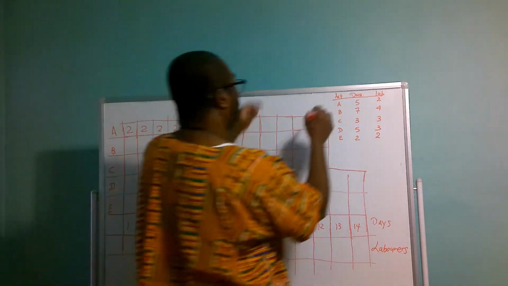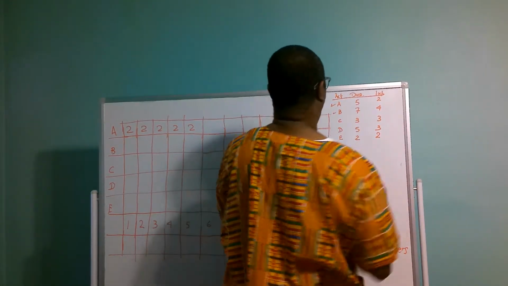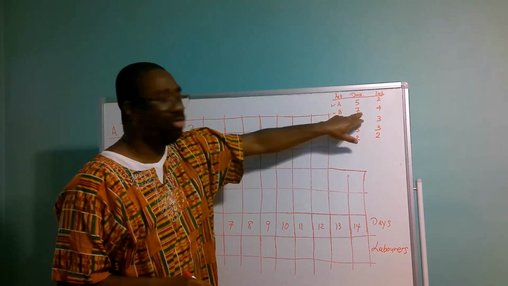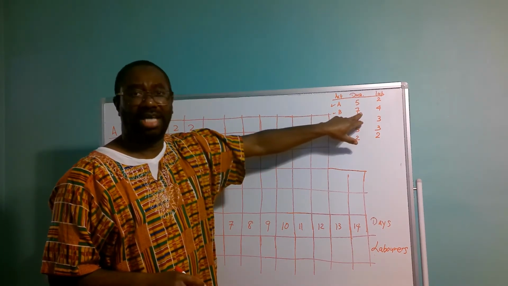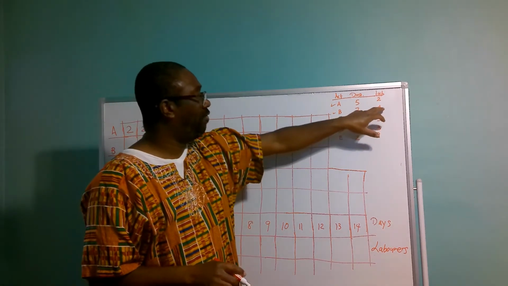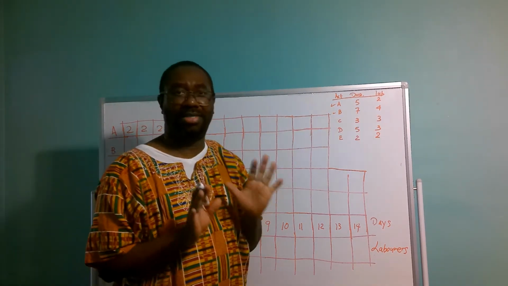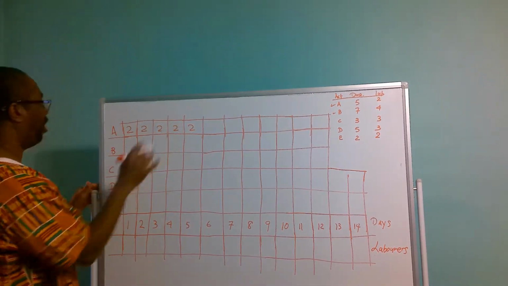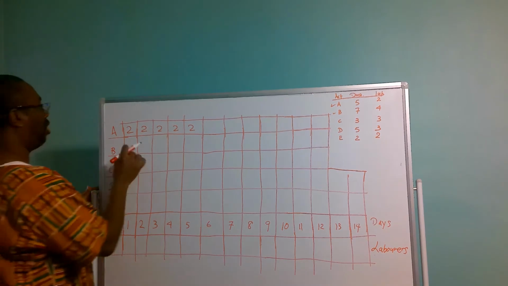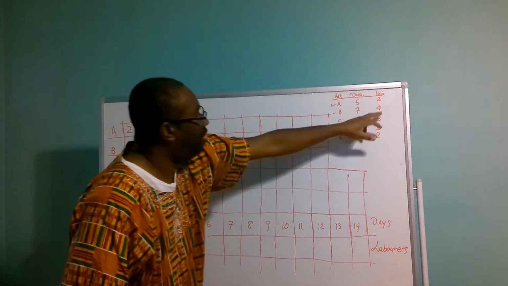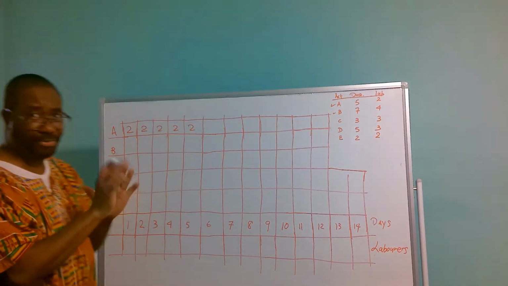Now we come to activity B. Activity B has a duration of 7 days. With each day we are going to utilize 4 laborers. So we're going to count off 1, 2, 3, 4, 5, 6, 7, and it has 4 laborers for each of those days.